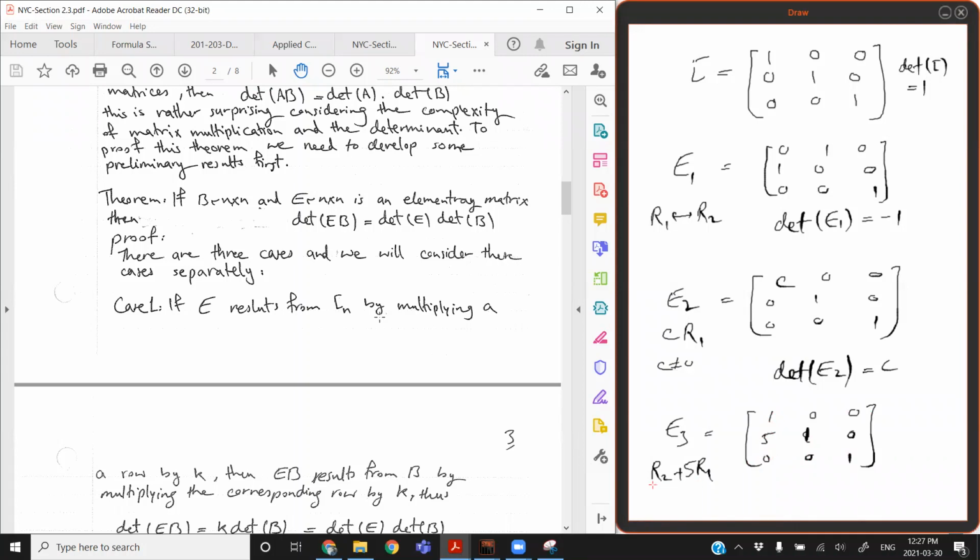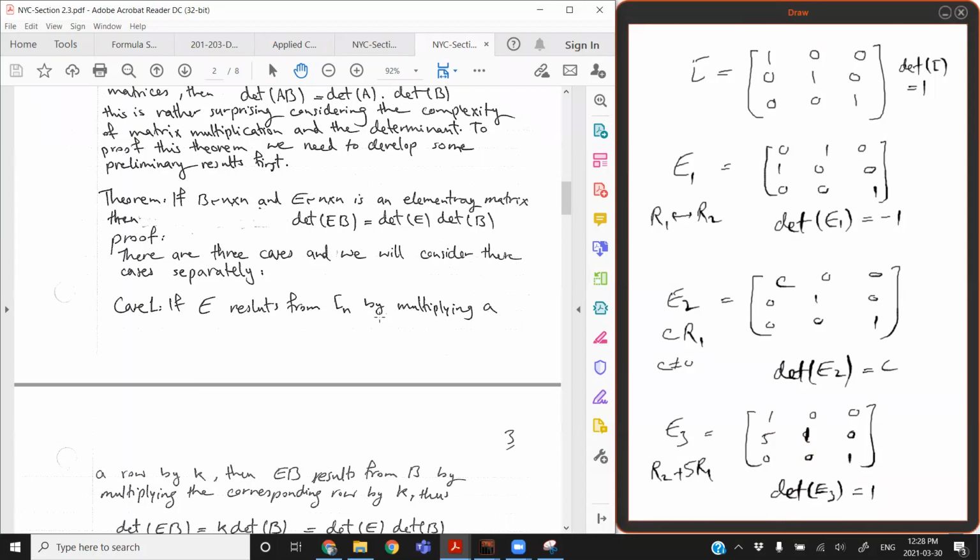We know that this does not affect the determinant. So the determinant of E3 would be the same as the determinant of I. It's going to be 1. You can also see that from the fact that it is a lower triangular matrix, and for a triangular matrix, the determinant is the product of the entries on the main diagonal: 1, 1, 1.